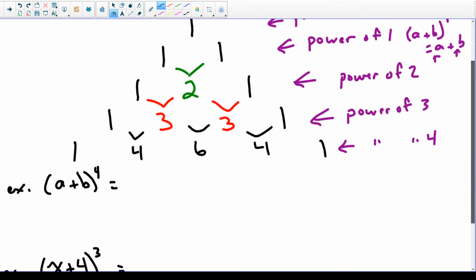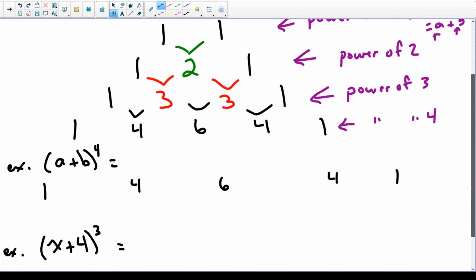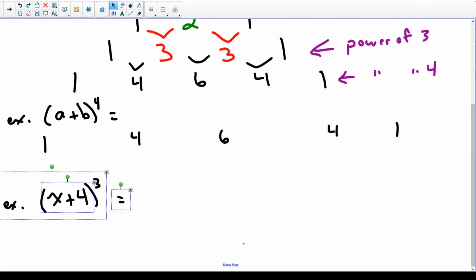Okay? You would find all your coefficients. So we're going to write all of our coefficients. 1, 4, 6, 4, and 1. Then I'm just going to move this down here, folks, so it's not in our way. That didn't work. Let's try that again.